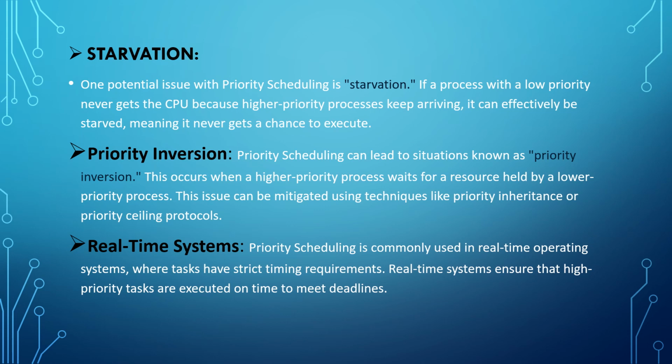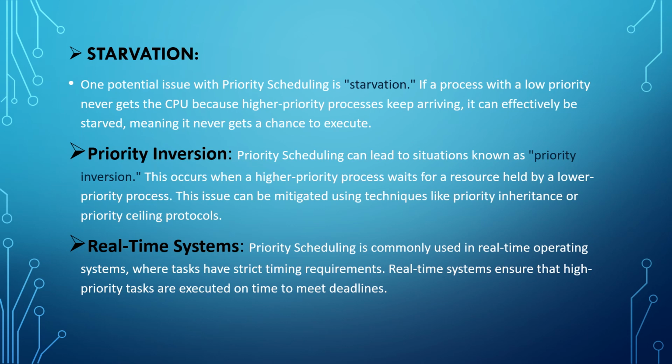This is called starvation. Priority inversion. This occurs when a higher priority process waits for a resource held by a lower priority process. This issue can be mitigated using techniques like priority inheritance or priority ceiling protocols.